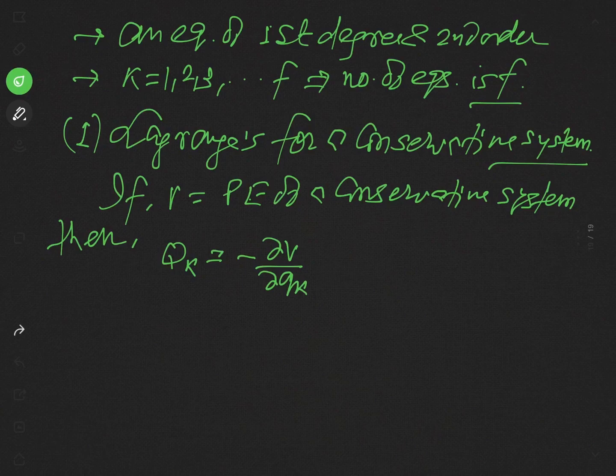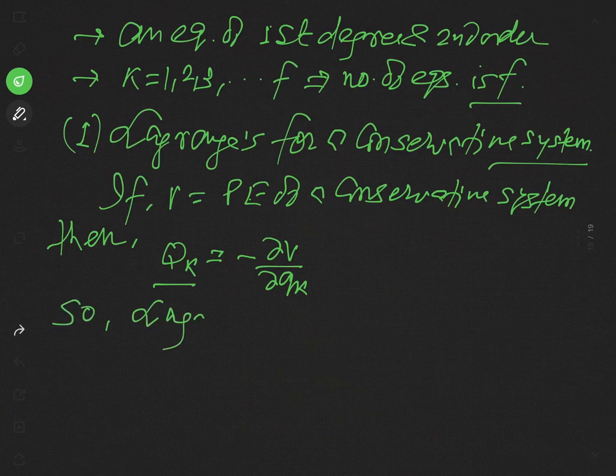At the same time, we must remember that V is a function of position, that is generalized coordinates, not of generalized velocity, for a conservative system. So to write the Lagrange equation for a conservative system, in place of Qk we will write minus del V by del Qk.